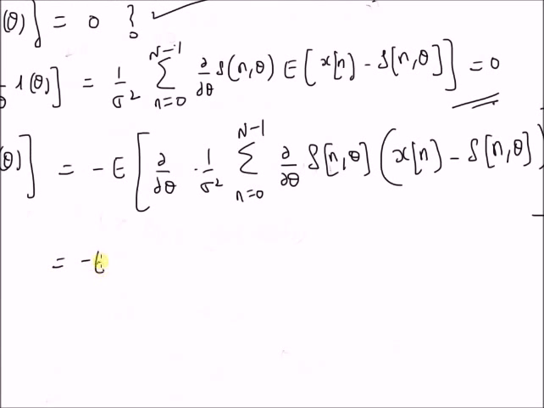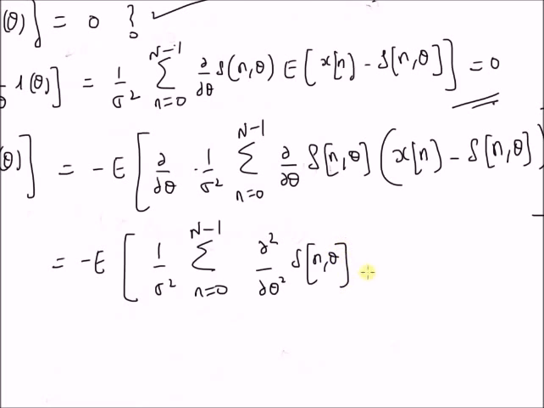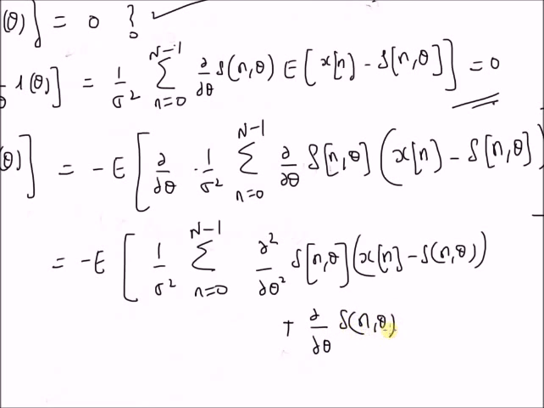And this is equal to minus expectation of the derivative of the first derivative is 1 by sigma square summation n equal to 0 to n minus 1. So the derivative is the second derivative of s of n comma theta, and then x of n minus s of n comma theta. And since we have a product, we have to use the product rule of differentiation. So we have the second term, which is the derivative of the signal component multiplied by the derivative of this difference, which is equal to minus the first derivative of the signal.